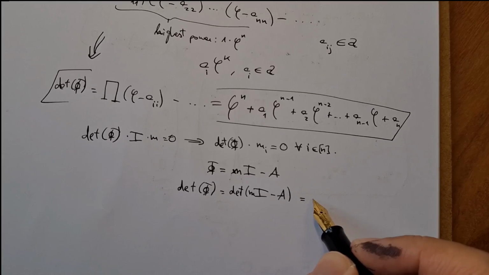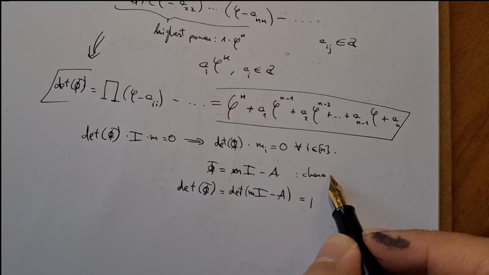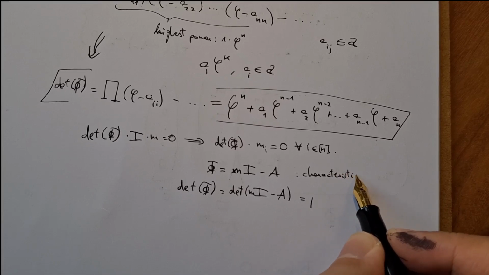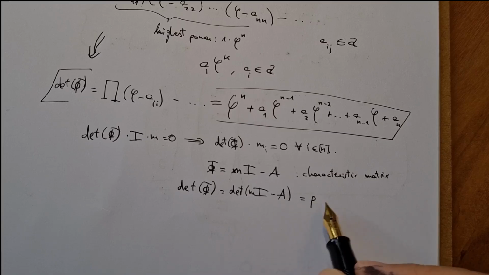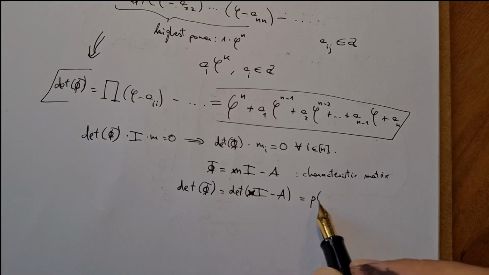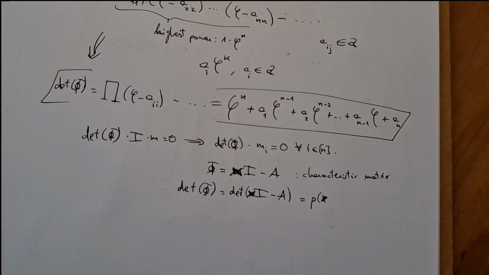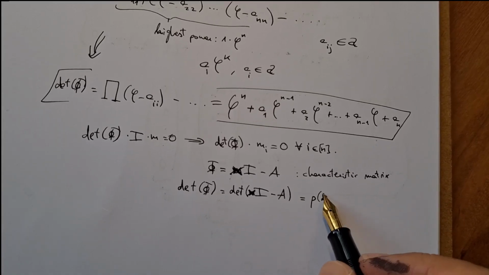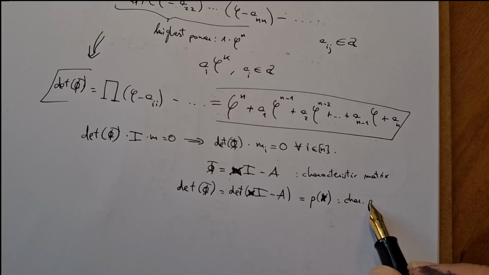And this is the characteristic matrix. And we can denote this as this polynomial. Sorry, this is an x. So this is the polynomial p of x, and this is the characteristic polynomial.